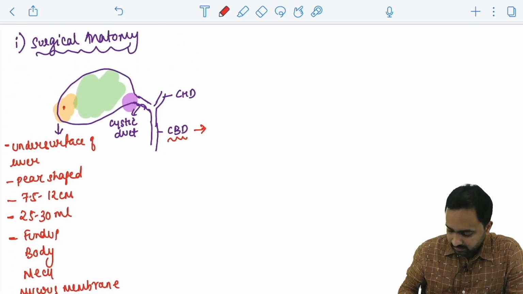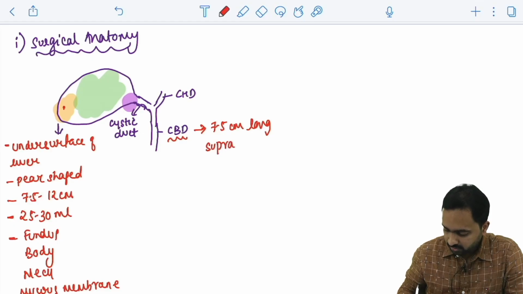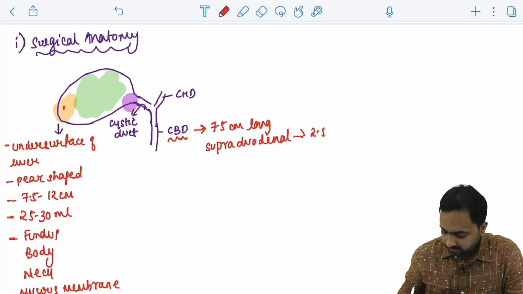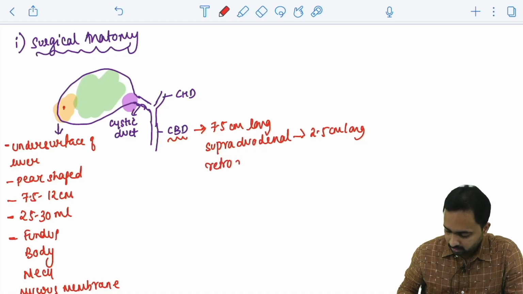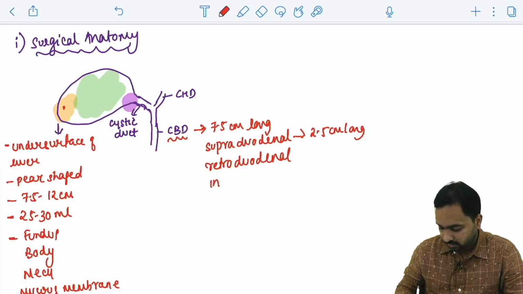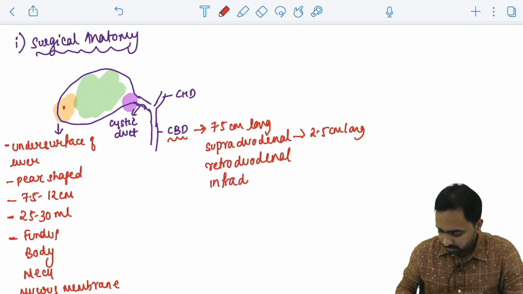CBD is a 7.5 centimeter long structure, consists of supraduodenal part, which is around 2.5 centimeter long, retroduodenal part, infraduodenal part, and intraduodenal part.